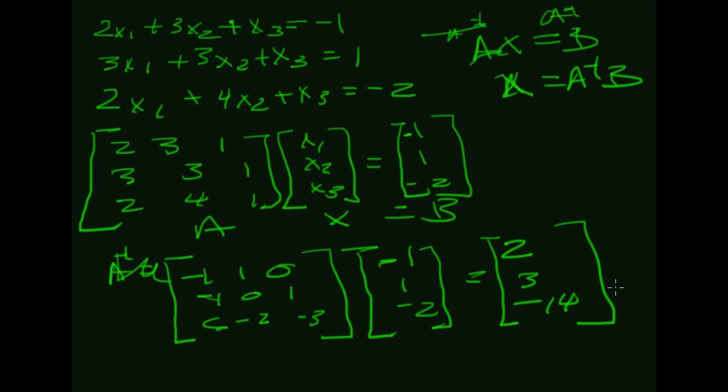And you're like, but I could have just done Gauss-Jordan. This is way too complicated and I don't need to do this. But here's why we do this. Once I have this inverse, I can go ahead and change these values up here.